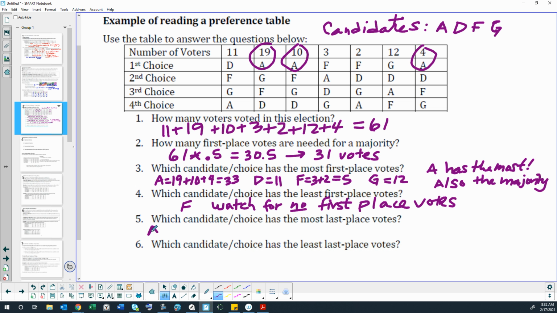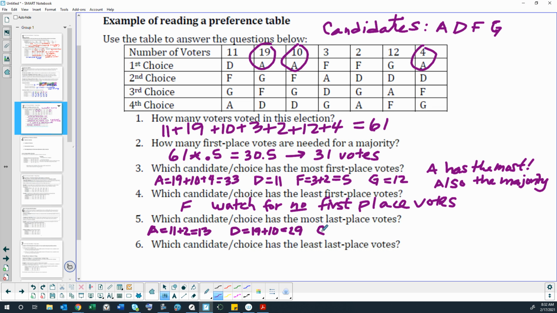So A has 11 and 2, which is 13. And D has 19 and 10, which is 29.